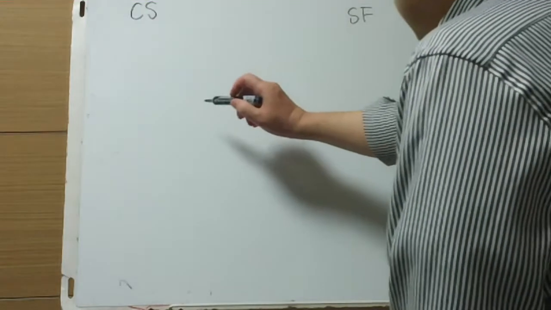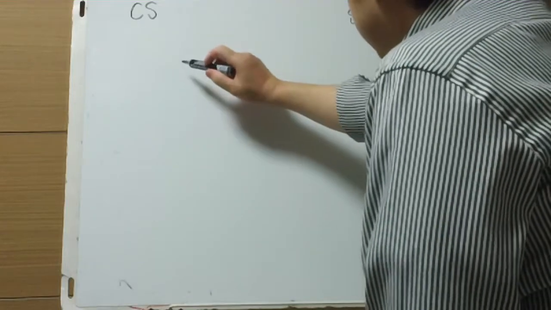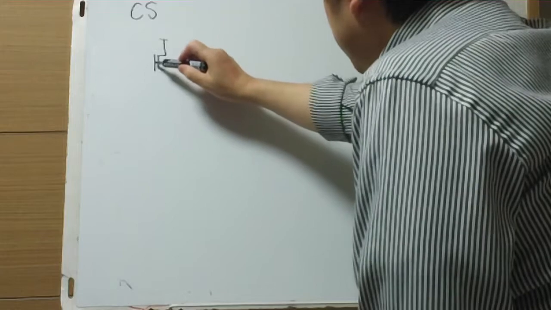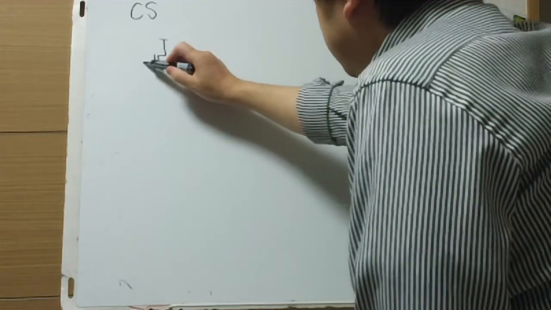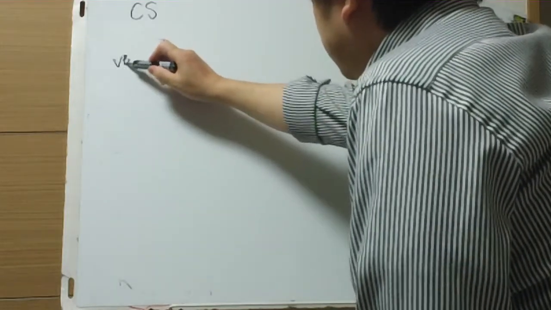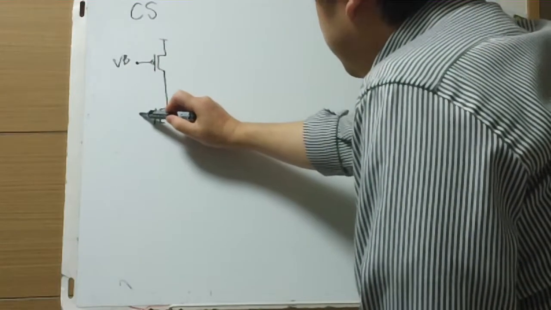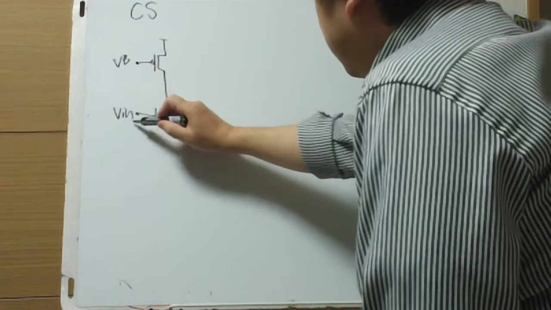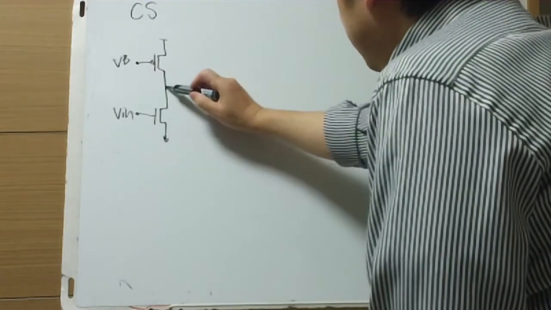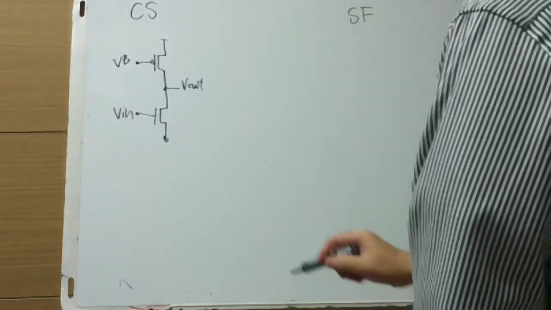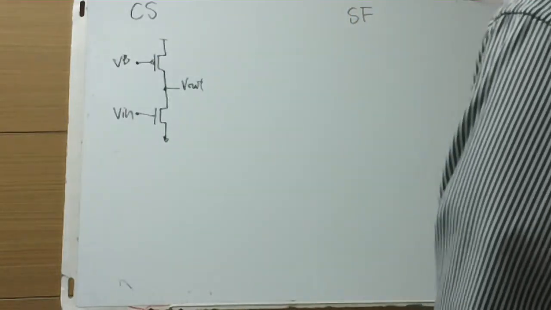For amplifiers like a single stage common source amplifier, this is the current load, this is the NMOS input, and this is the output.